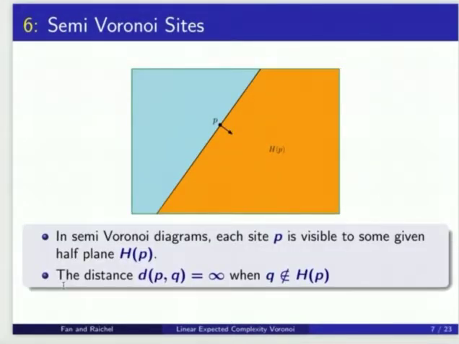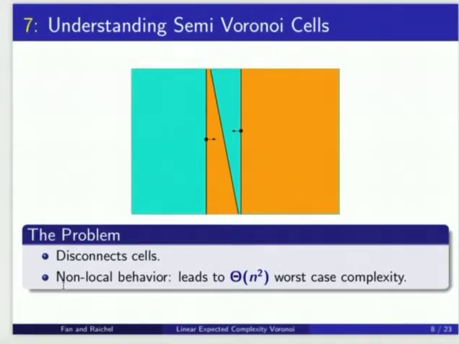In the semi Voronoi diagram, each set P is visible to some given half plane HP, and the distance between a set P and a point Q is infinity if Q is not visible by HP. Otherwise, the distance is the normal Euclidean distance if Q is visible by set P. To understand the semi Voronoi cells, we give a figure. In this figure, there are two Voronoi sets.